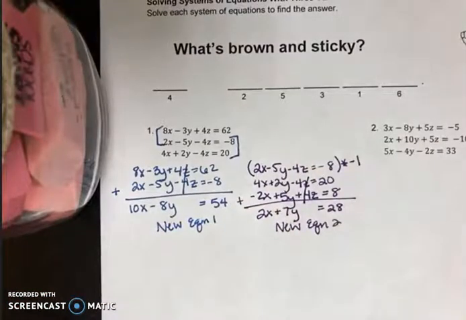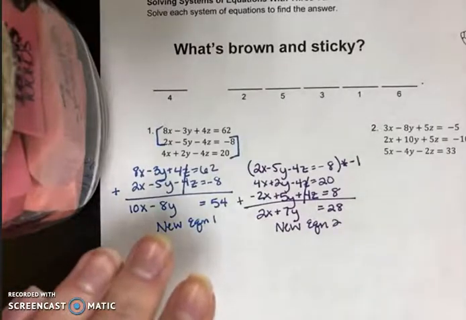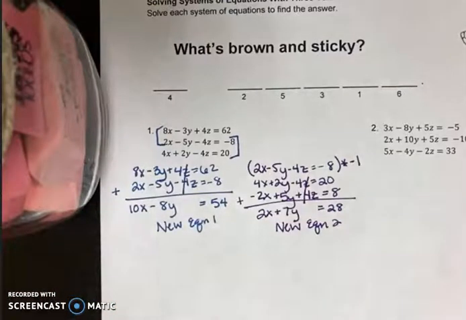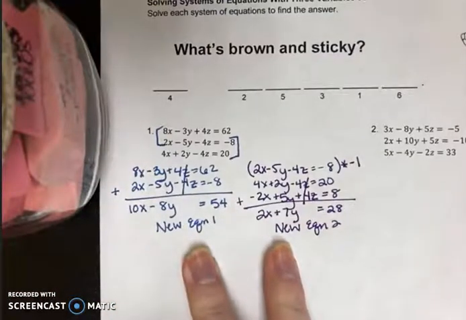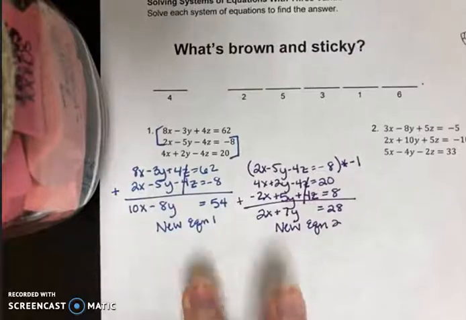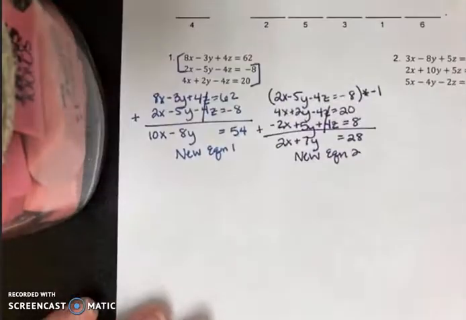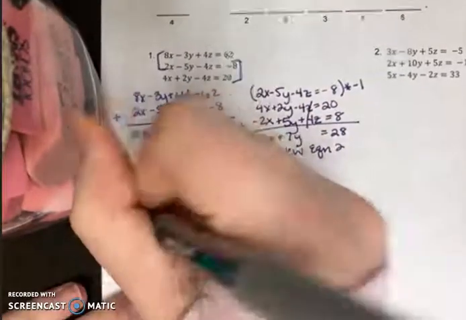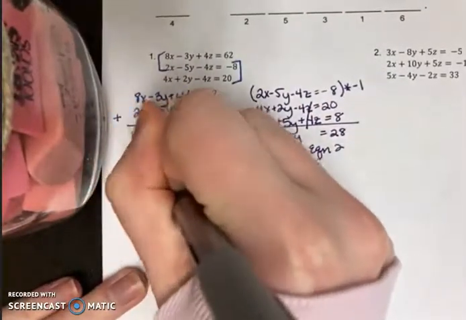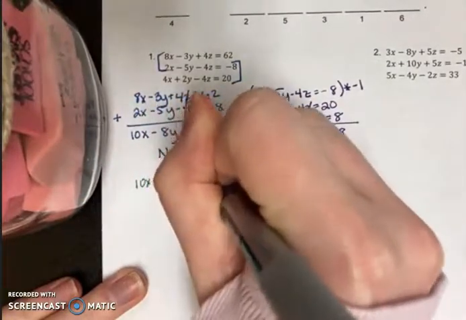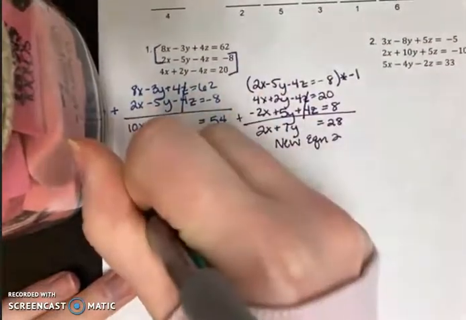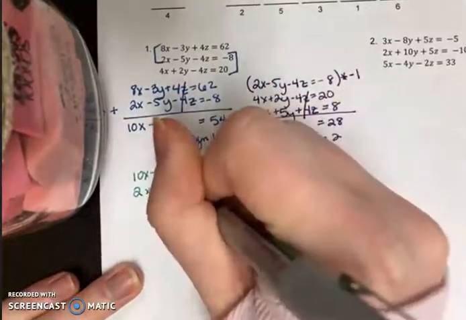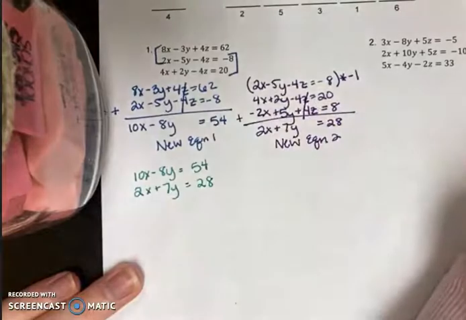The first step was to use elimination in the first pair and the second pair. The second step is to do the process of elimination with our new equations. So I'm going to write my new equation 1, 10x minus 8y equals 54, and my new equation 2, 2x plus 7y equals 28.